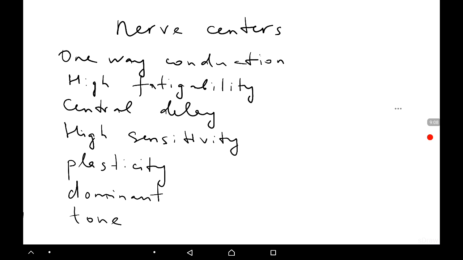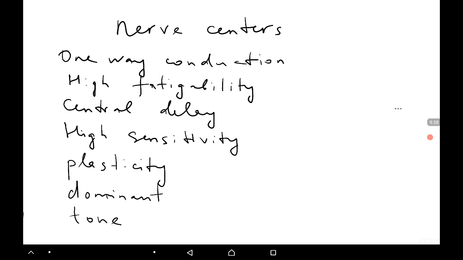For example, the tone of respiration center in the medulla oblongata depends on the content of oxygen in the blood and carbon dioxide in the blood, and on the other hand, by nerve impulses from the receptors in the lung, for example.